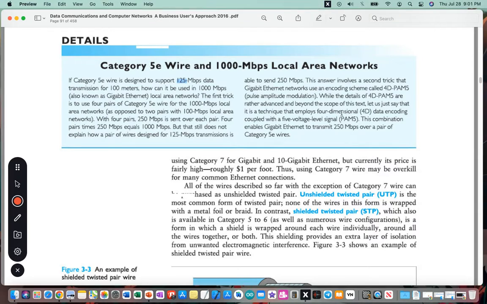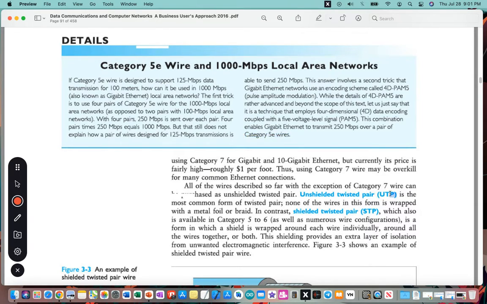The answer is because they use something called 4D PAM5, and that's 4 dimensions data encoding coupled with 5 voltage levels, PAM5. All right. This combination enables Giga Ethernet to transmit 250 megabit per second over a pair of Cat5e wires, and if they use 4 of them, that's 1,000.